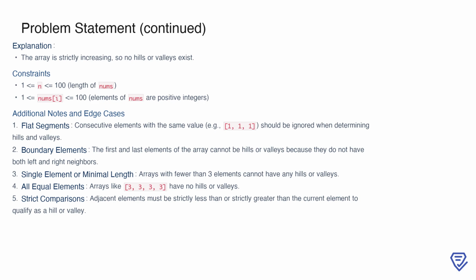However, in a strictly increasing sequence, each value is smaller than the next, meaning the conditions for forming hills or valleys are never satisfied. In conclusion, arrays with flat segments, boundary elements, or strictly increasing or decreasing sequences will often result in no hills or valleys. It's also worth noting that arrays with fewer than 3 elements or arrays where all elements are equal cannot contain any hills or valleys either.